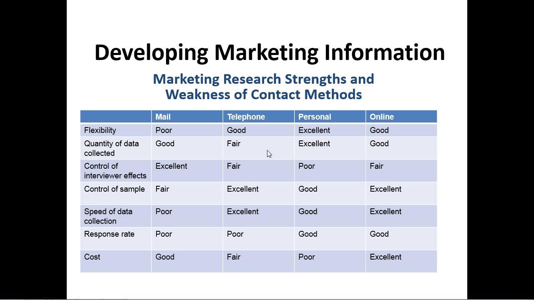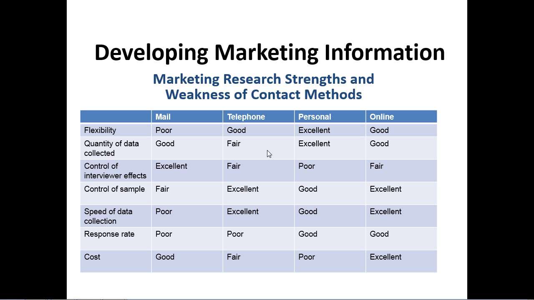Online is also good because there you can definitely adjust on the fly. So, for example, even something as simple as changing the physical composition of the survey based on the device the person is taking the survey on, a tablet versus a desktop computer.